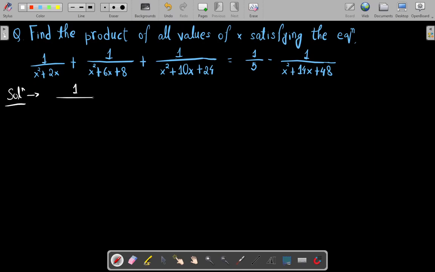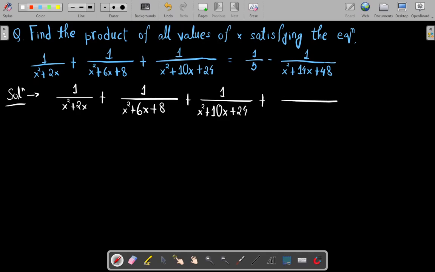First we have x squared plus twice x in the denominator of the first term, then 1 upon x squared plus 6x plus 8, then 1 upon x squared plus 10x plus 24, and we bring the fourth term, 1 upon x squared plus 14x plus 48, and the sum of all these four fractions is equal to 1 upon 5.